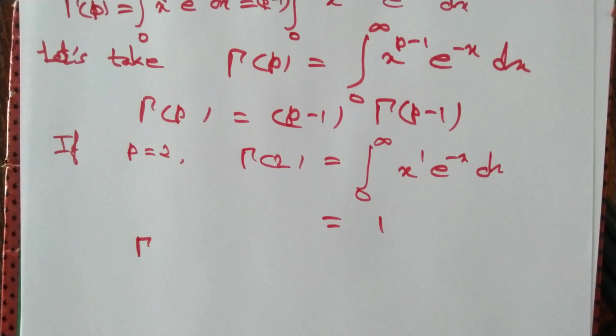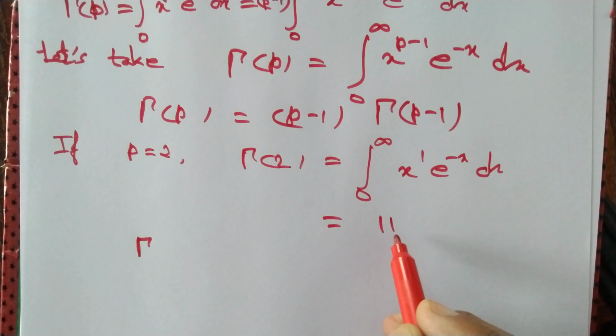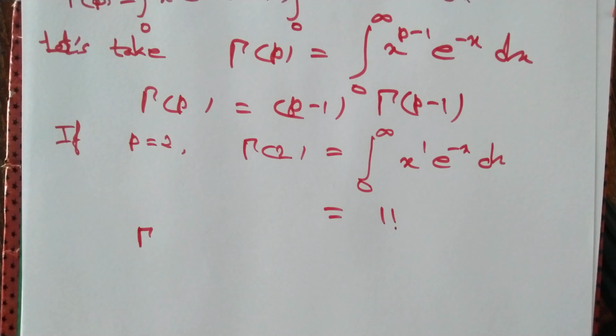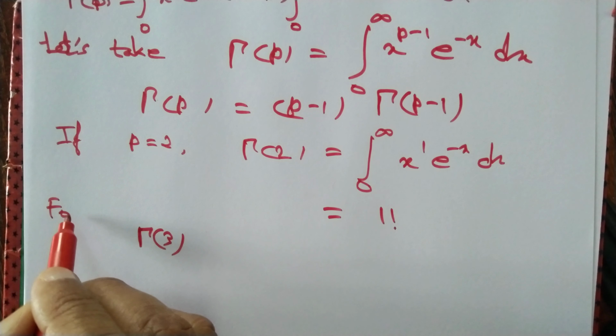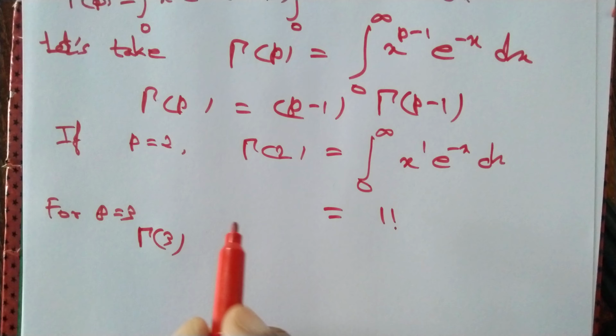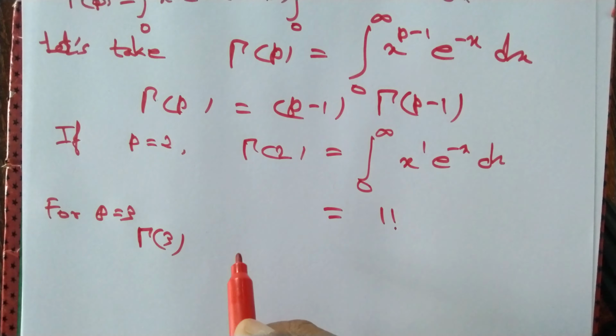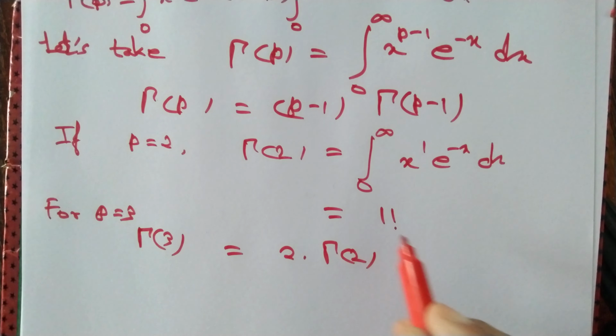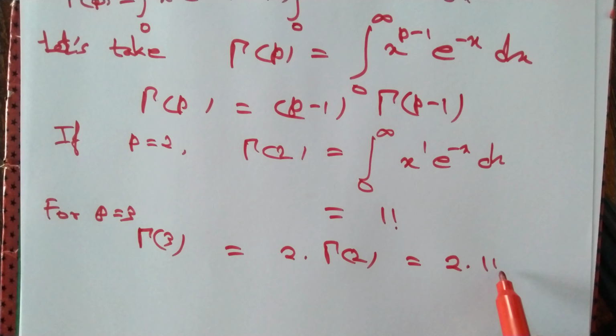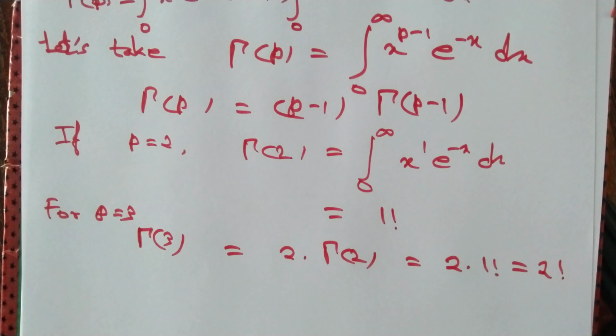Somehow we want to associate this with factorial, and we write 1 as factorial 1. Aha. Then what about gamma 3? For p equal to 3, we get gamma 3 equal to 2 times gamma 2, and gamma 2 turns out to be factorial 1. So 2 times factorial 1, that's factorial 2.